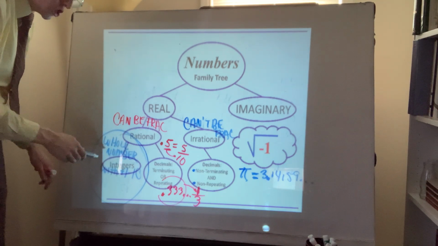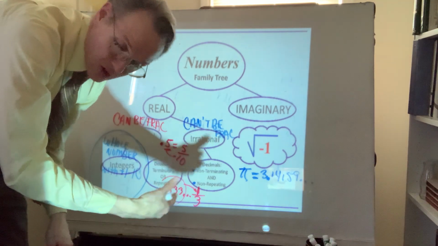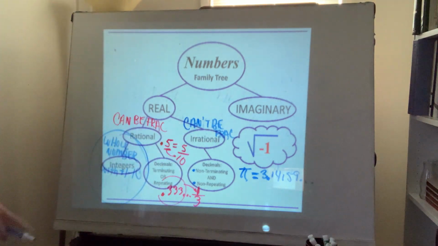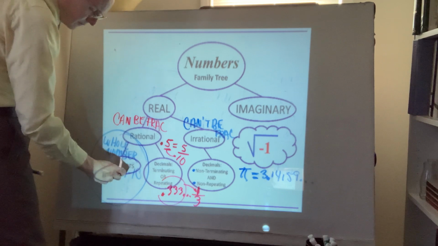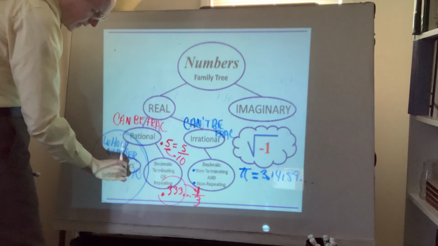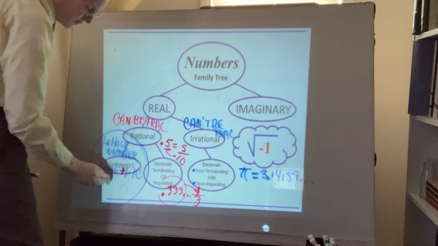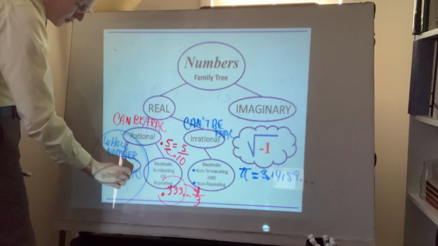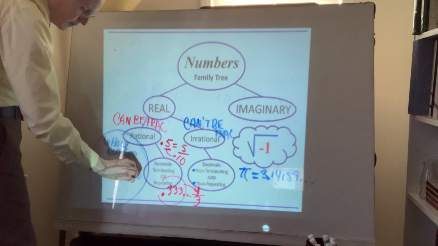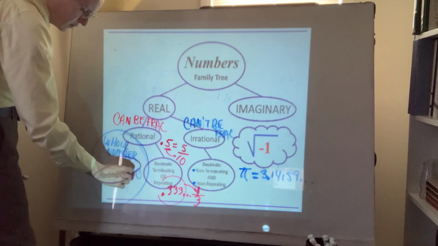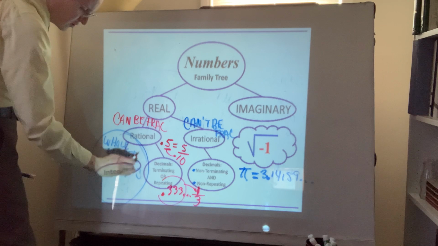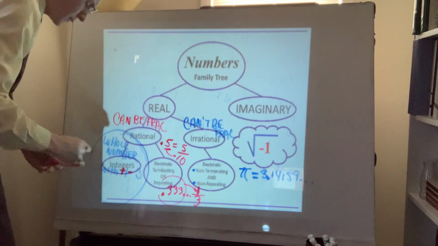But integers include the negatives as well. So although zero itself doesn't have a sign, any of the whole numbers that are positive are integers. Any of the whole numbers that are negative are integers. And then there's zero itself, the sort of go-between.